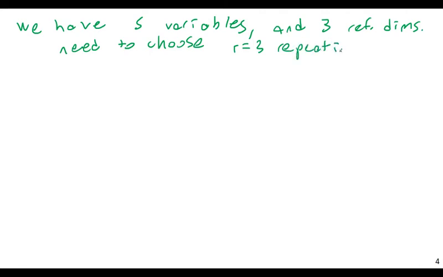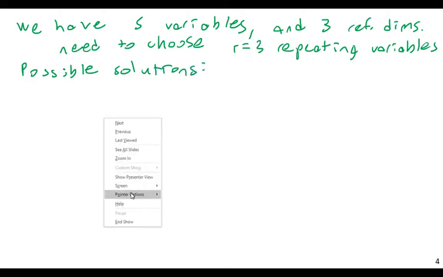That's what the r stands for, fundamentally. Well, I guess it could stand for both reference dimensions or repeating variables, kind of doing double duty. So I need 3 repeating variables. So let's look at some possible options.